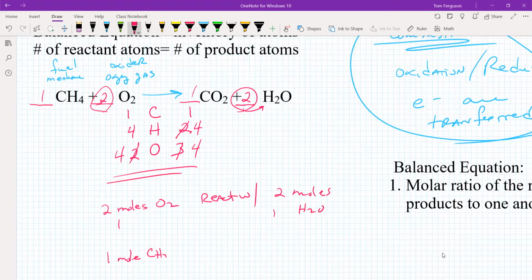One mole of methane reacts with 2 moles of water. So if you have a mole of methane, you end up, after the reaction is over, with 2 moles of water.